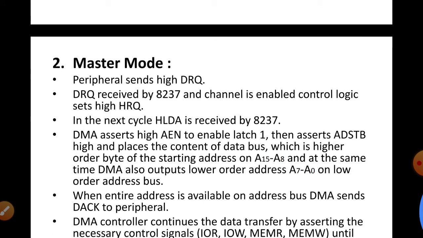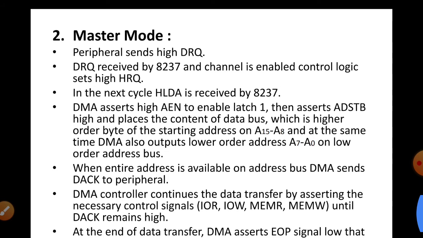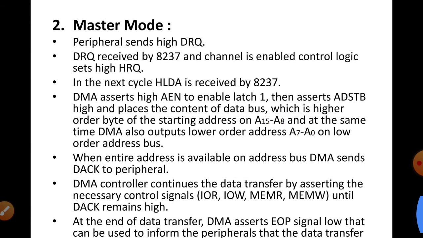In this master mode, the operation of 8237 starts, in which it works as a data transfer processor. In this master mode, the peripheral sends the request signal. The request signal is received by the 8237 and the channel is enabled by the control logic, by sending the high hold request signal.